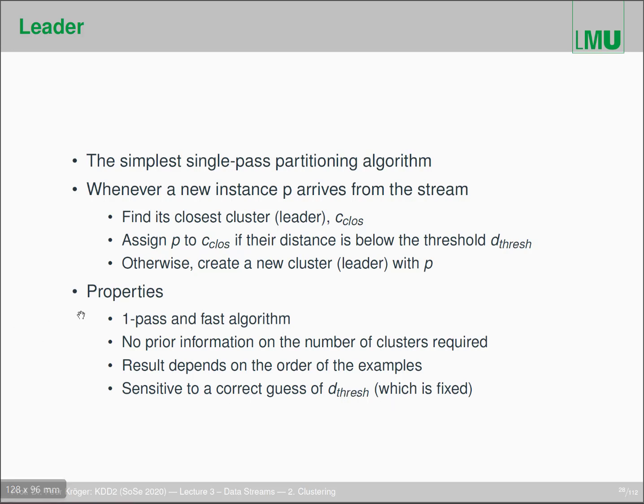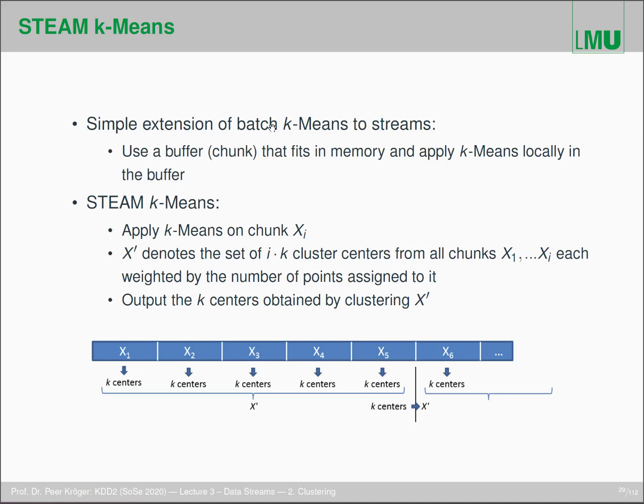And there is an extension, a little bit more sophisticated but still simple, extension of batch k-means to streams. The idea here is that we still want to apply k-means, but we apply k-means locally in a buffer. So we use a buffer, also called a chunk, that fits into main memory, and we apply k-means locally only in that buffer.